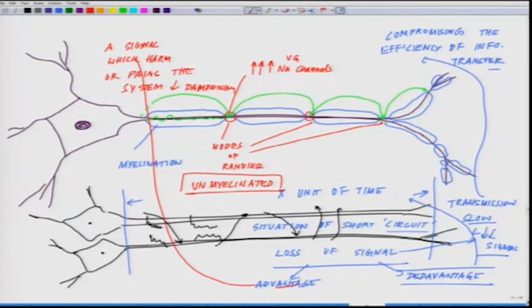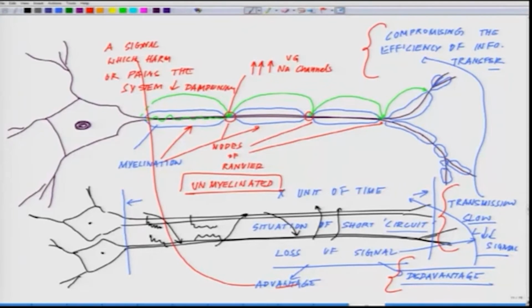They do not have any such cover, just like this. Contrary to it, you have these myelinated neurons out here which cannot afford any kind of these disadvantages. They cannot afford it, right?